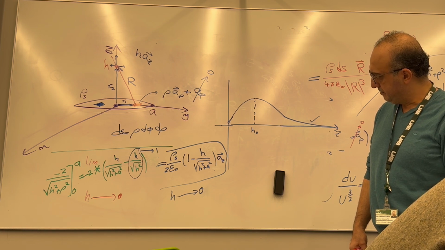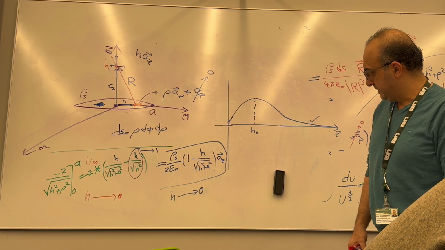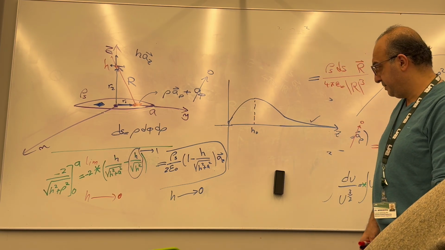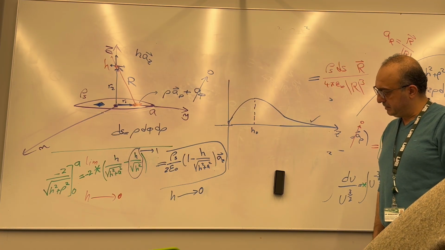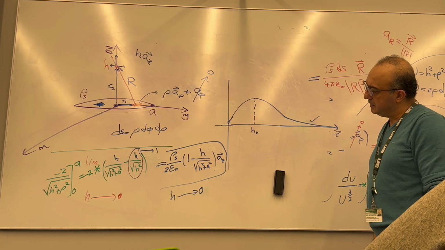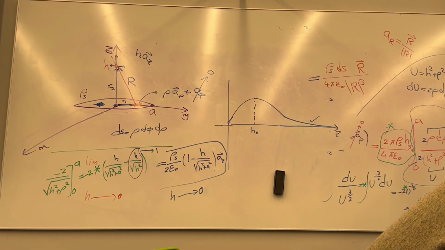So how in the world did this happen? Maybe it's just so small. Apparently I missed something here. Did you calculate it the same way, all of you? Yeah, a lot of us got rho s over 2 epsilon, I would say.